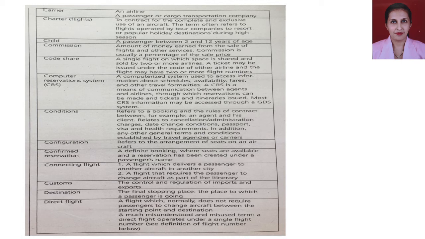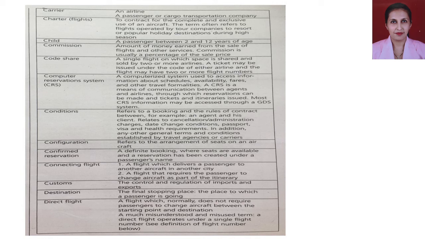So usually a passenger who travels from Mangalore either has to go to Bangalore or Mumbai and then take a flight to Dubai. But in direct flight cases, the passenger who is starting his journey from Mangalore directly lands at Dubai. The flight doesn't stop anywhere in between.